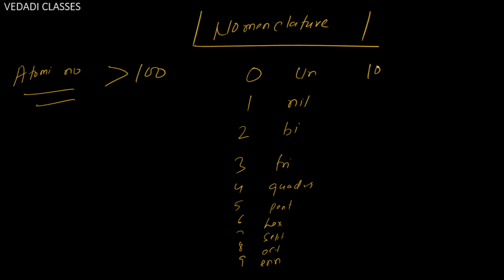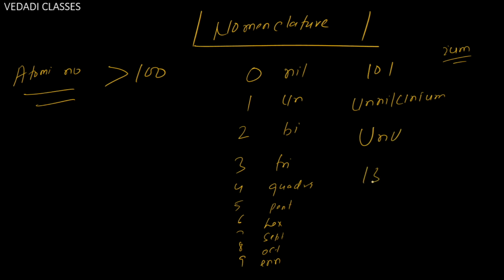So if you want to give the name for 101, 1 is un, 0 is nil, 1 is un, and you have to add the suffix ium by yourself. So un-nil-unium. The symbol will be U n u.